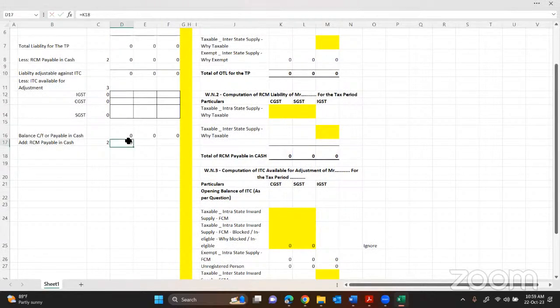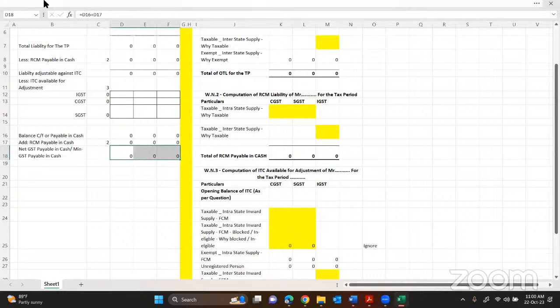Whatever you said you will be paying in cash, you are supposed to pay in cash. My dear brothers and sisters, please understand, this is the net GST payable in cash, or minimum GST payable in cash. This is the answer for which the entire working has been done.